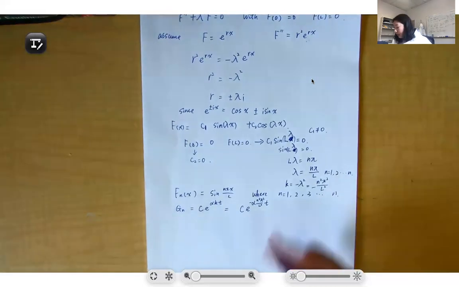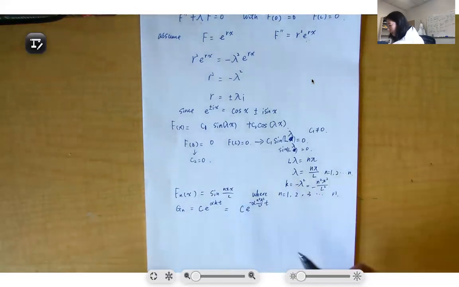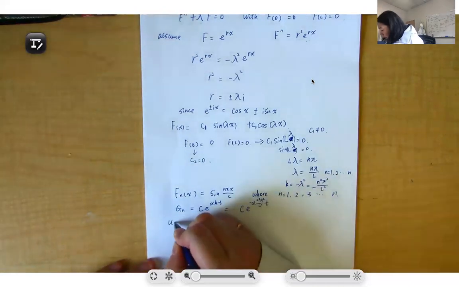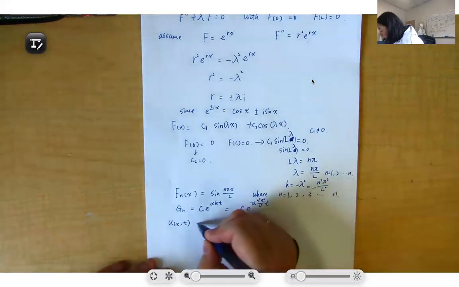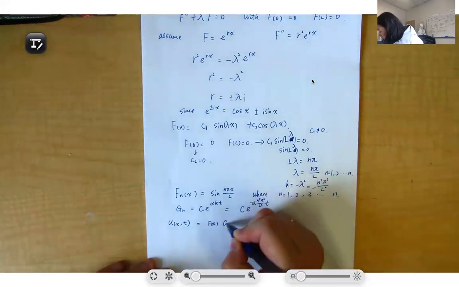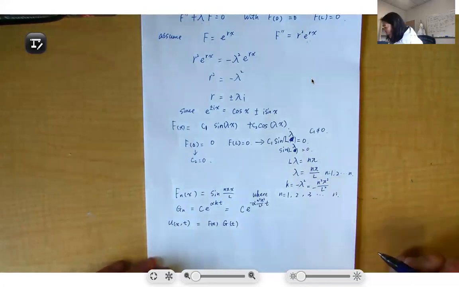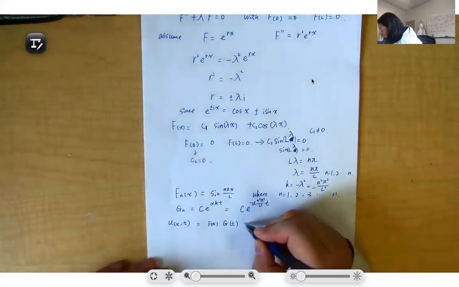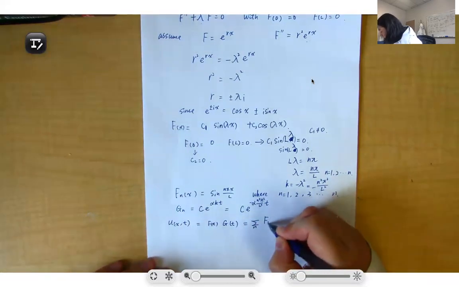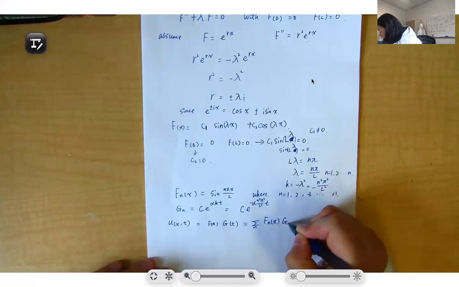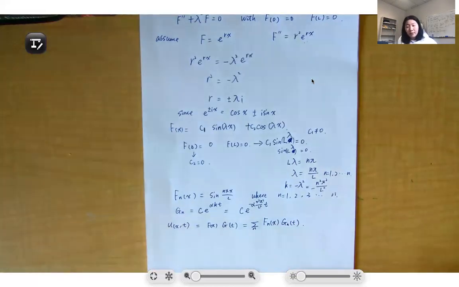Since each of them will be a sum of orthogonal basis sets, our final product u(x,t) will be equal to f(x) times g(t), because it's a product of the two functions. And that will be equal to the sum of F_n(x) G_n(t), because it will be a linear combination of all the infinite series.